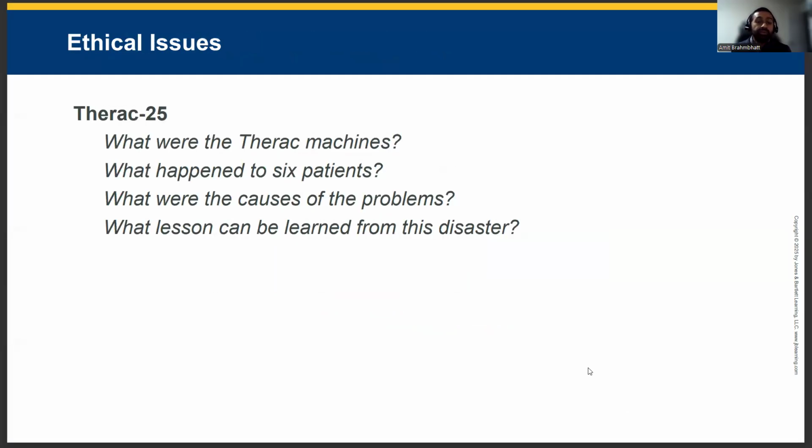Therac 25. This slide highlights a tragic real-world example of how software errors can have deadly consequences. The Therac 25 was a radiation therapy machine used in hospitals in the 80s. Due to software flaws in the control system, the machine delivered massive radiation overdoses on several occasions, resulting in the deaths or serious injuries of 6 patients.